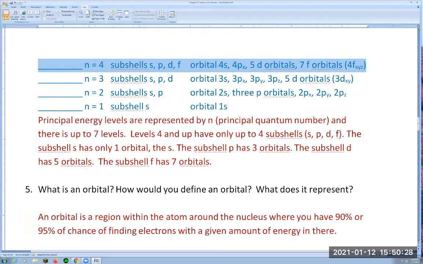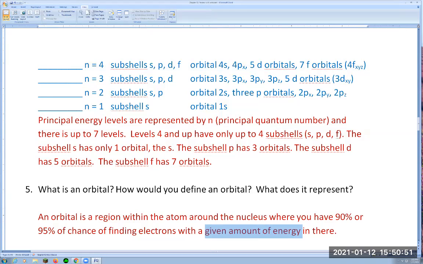And so it's mathematical equations that define a region, with the center being the nucleus.